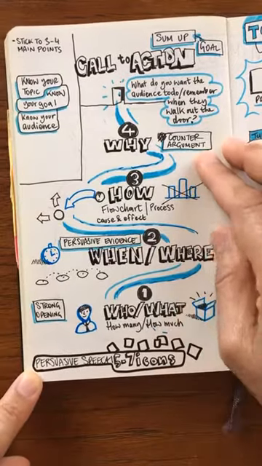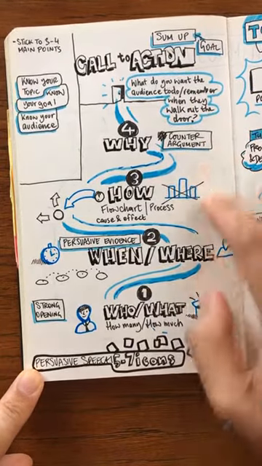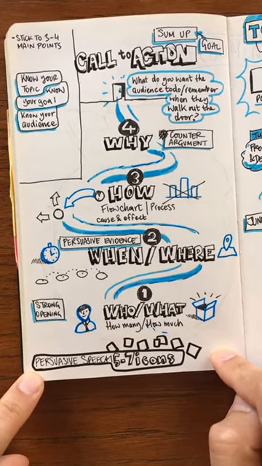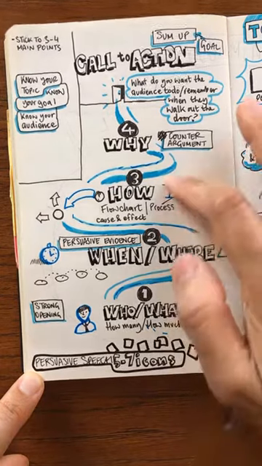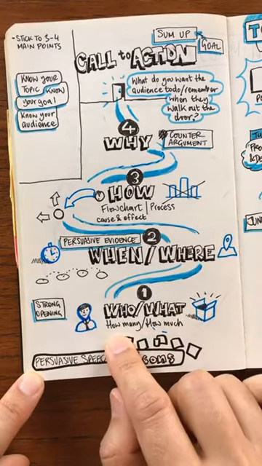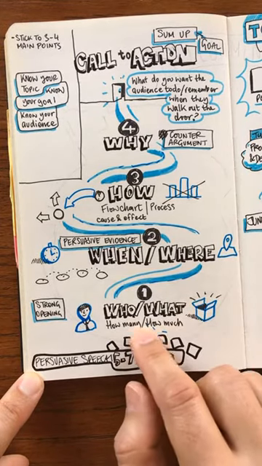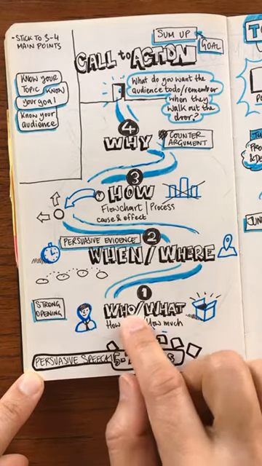Ah yes, I remember this now. Call to action. This was a little template I had designed to help entrepreneurs put their ideas together. Who is this business idea for, or who would benefit from it?